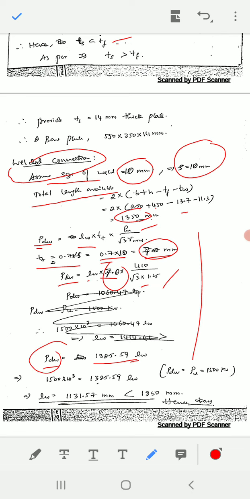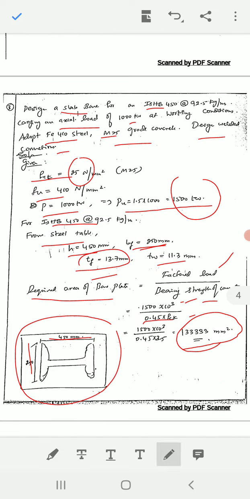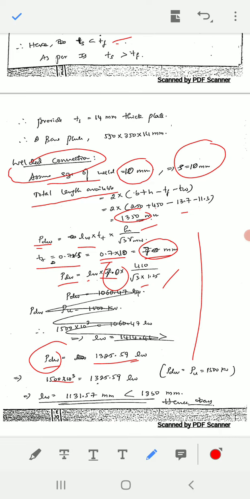Whatever the Pdw value is, that has to be equated initially to the load given in the question, that is 1500 kilonewton. 1500 into 10 raised to 3 is equal to this much. So whatever Lw value we get, 1131.57, should be less than the total available length we calculated here.